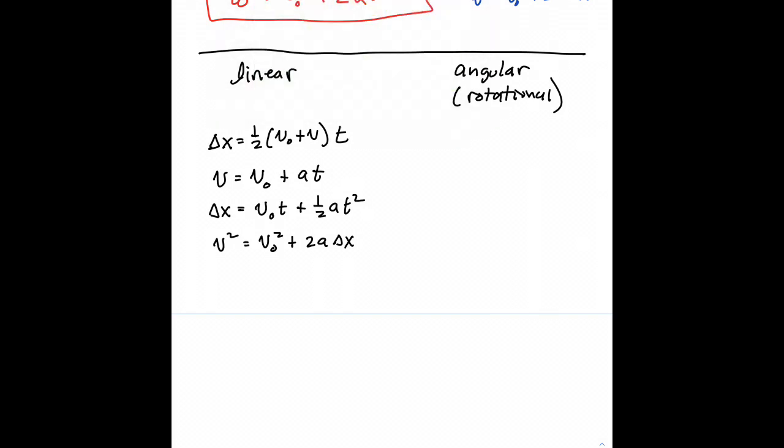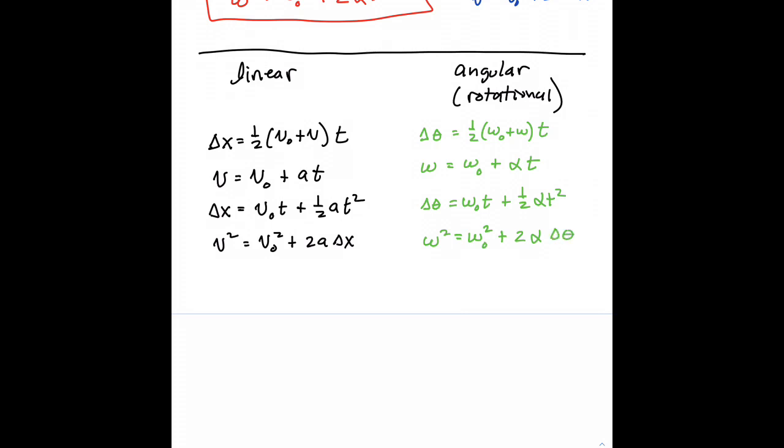Likewise, we have a new equation that says angular displacement measured in radians is equal to 1/2 the initial angular speed plus the final angular speed multiplied by time. Final angular speed equals initial angular speed plus angular acceleration multiplied by time. Angular displacement is initial angular speed multiplied by time plus 1/2 alpha t squared. And finally, final angular speed squared equals initial angular speed squared plus 2 times angular acceleration times the angular displacement.